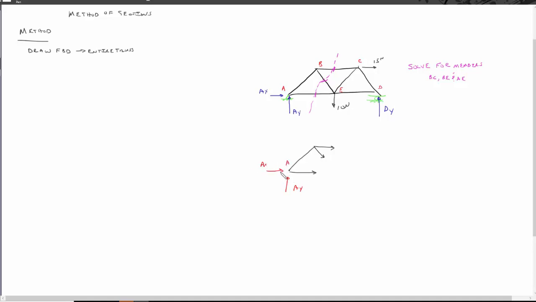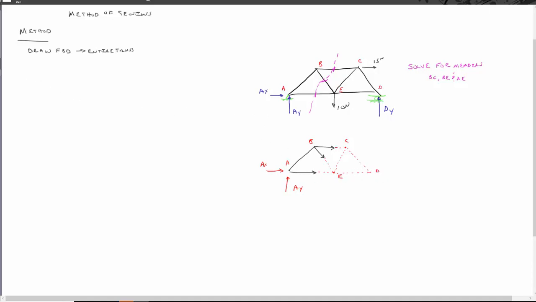If this was joint A and this was joint B. Now I might continue drawing these out like so, just to help me clarify what's going on. I may even draw the rest of the truss here, just so I can see the outline of what I've cut and what I haven't cut.